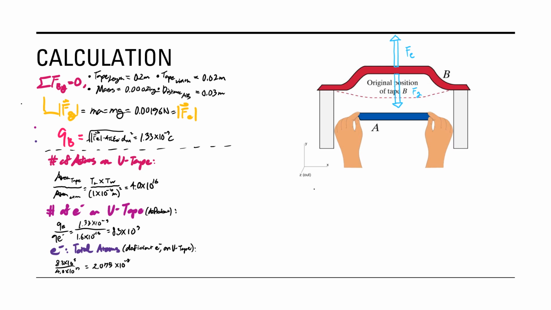So I first calculated the number of atoms on the U-tape by using the area of the tape and the area of the atom. Then I moved on to calculate the number of electrons on the U-tape by dividing the charge that I calculated by the charge of the electron. Then I used that number to figure out the ratio of deficient electrons to total atoms on the U-tape.